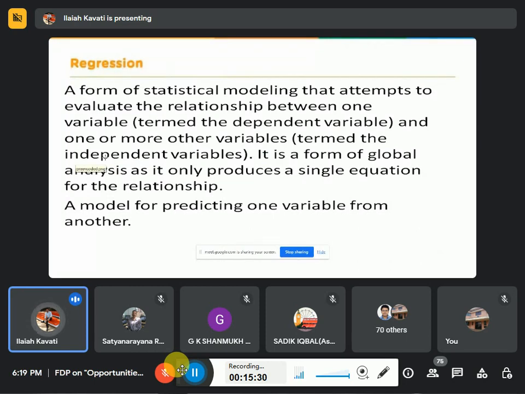Got it? These two questions. In the faculty case: what may be my salary, and whether I'll get promotion or not. In the student case: what may be his marks in the programming subject, and whether he will pass or fail.